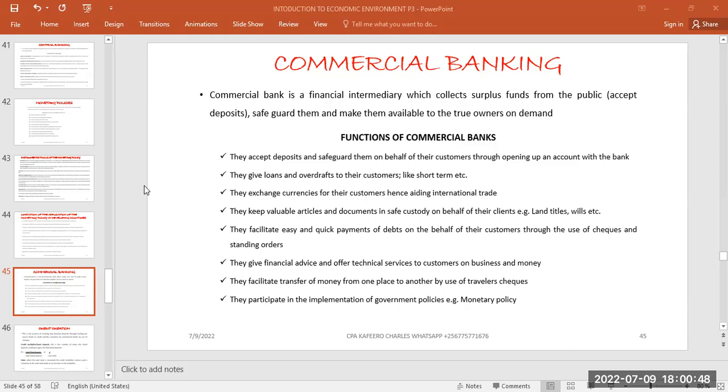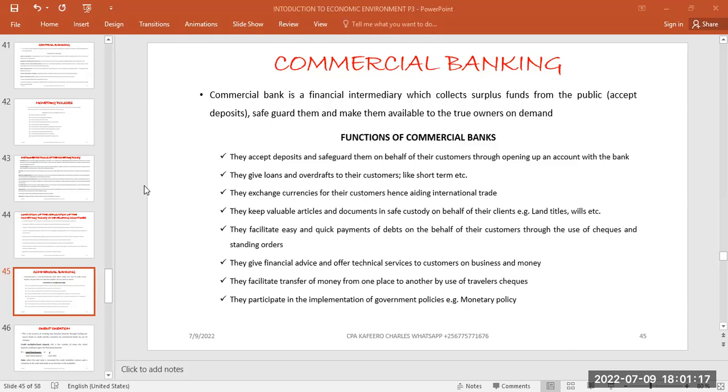They exchange currencies for their customers, hence aiding international trade. They do exchange rates; they change currencies for different customers. The other one is they keep valuable articles and documents in safe custody on behalf of the clients. They keep land titles, wills, and others.